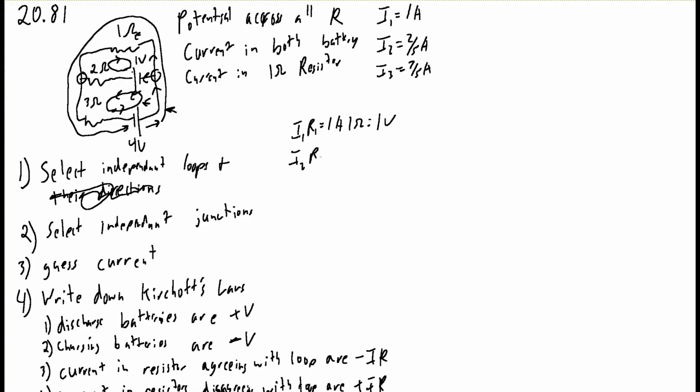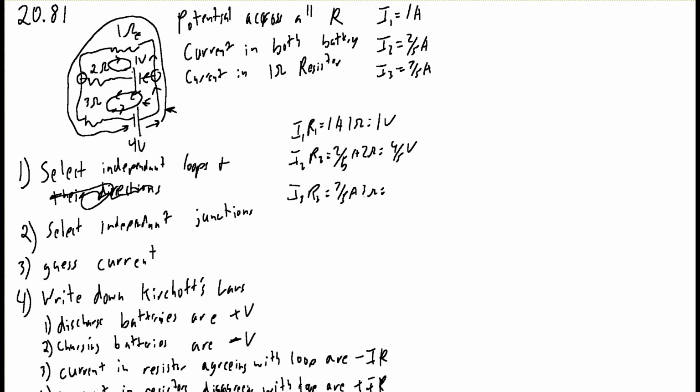I2 times R2. Well, that's 2/5 of an amp times resistance of 2 ohms. So that's 4/5 of a volt. And I3 R3 is 7/5 of an amp and 3 ohms.